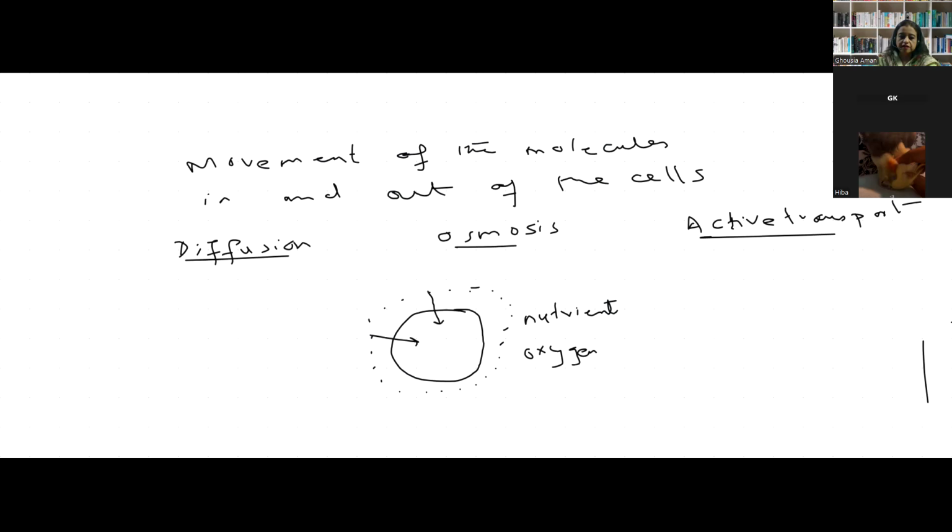Whatever waste particles are inside the cell, if they are more inside the cell than outside, they will simply move out of the cell from high to low concentration.